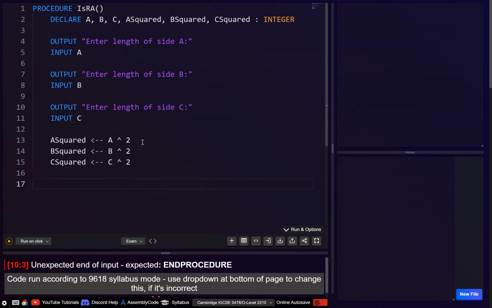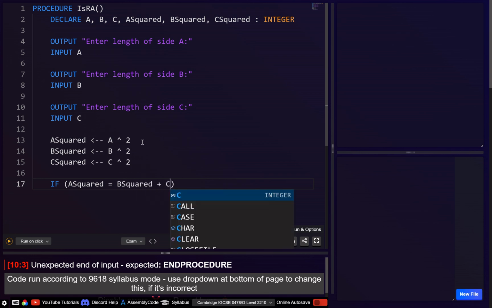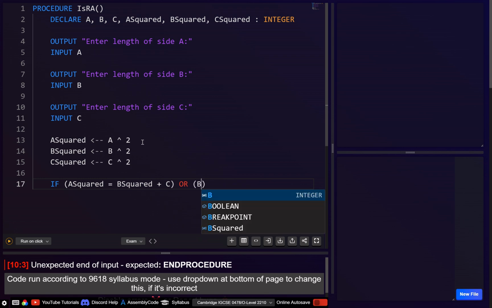When we've done that, we want to check if any of these is equal to the other two. So we can check if A squared equals B squared plus C squared, or B squared is equal to A squared plus C squared, or C squared is equal to A squared plus B squared. Let's do that logic. If A squared equals B squared plus C squared, then we're going to have some ors in between.